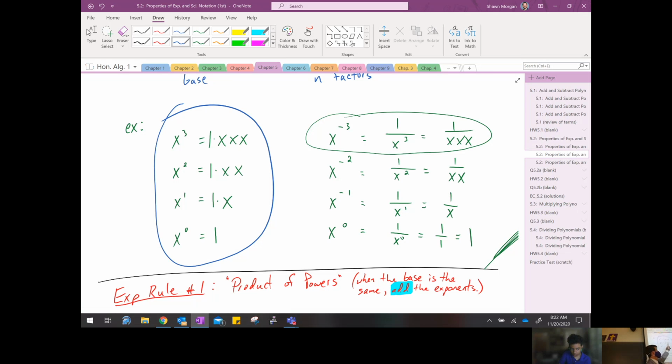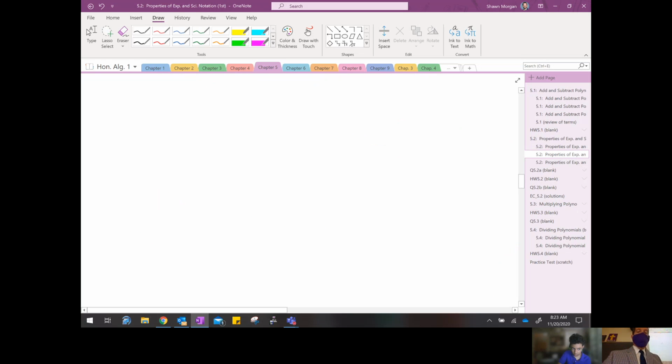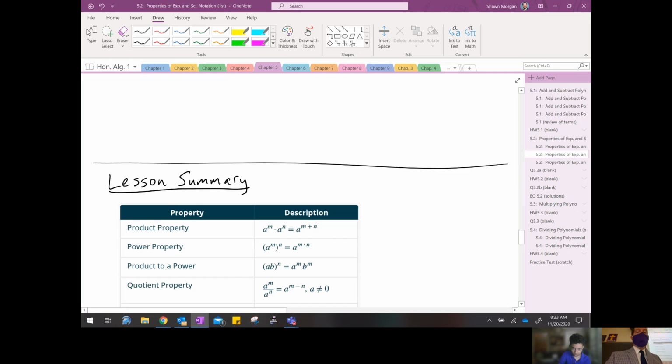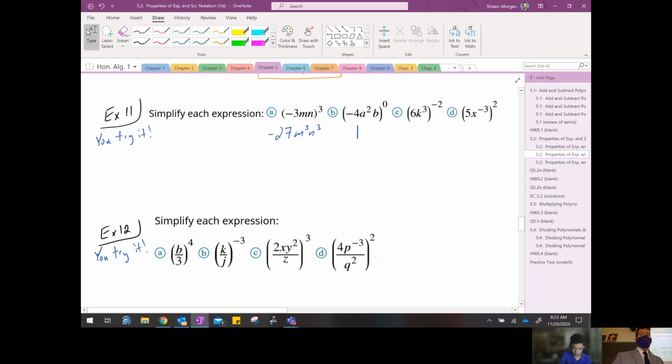What I thought was, because x is just 1x, it would always equal what it was. That's the identity property of multiplication, times 1. But we now know that if we raise something to the 0th power, it's 1. Okay, let's see here. Justin, what did you get for part C?